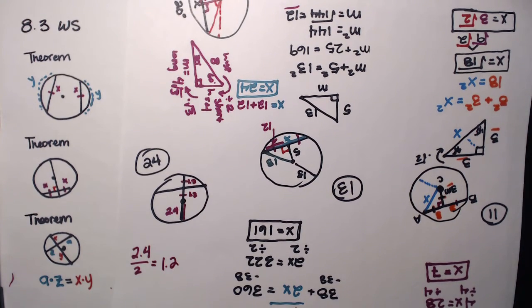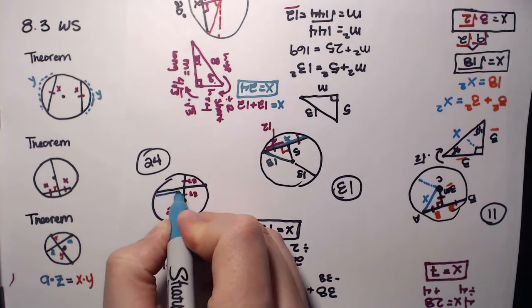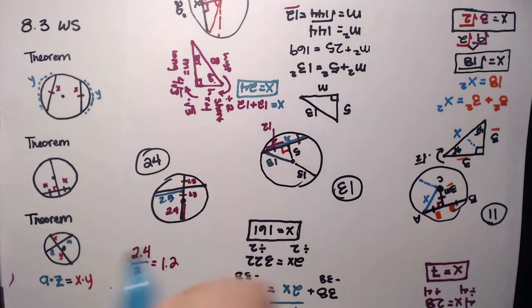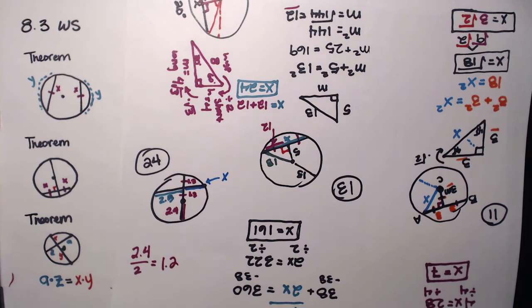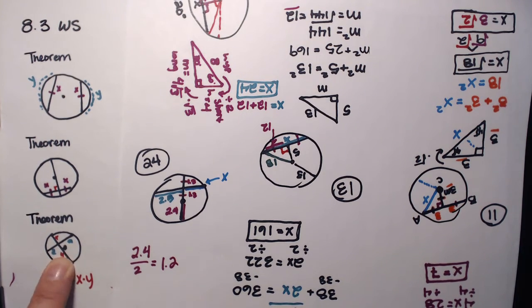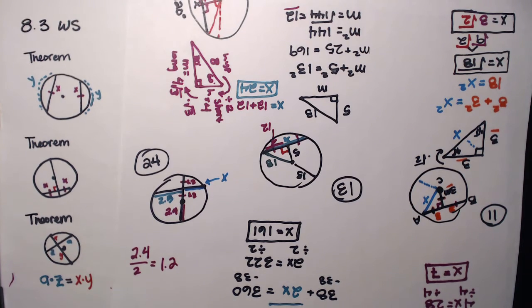Then it says that, let me find a different color. This is 2.5 right here. And it wants us to find this piece right here, which is x. So this theorem is saying that I have to take not where the center is, but where the two lines are intersecting each other.